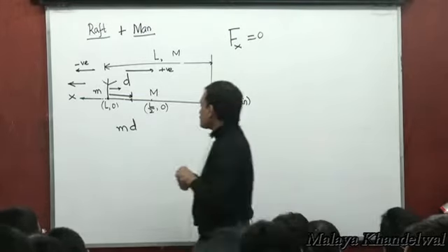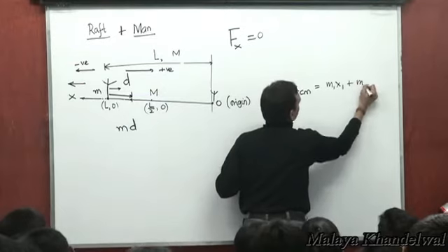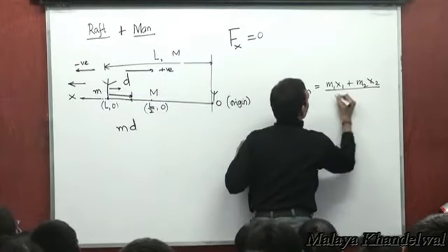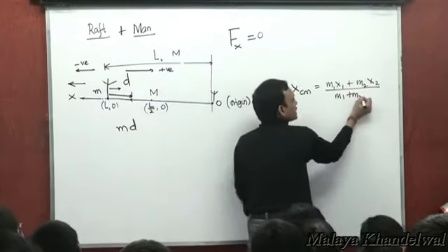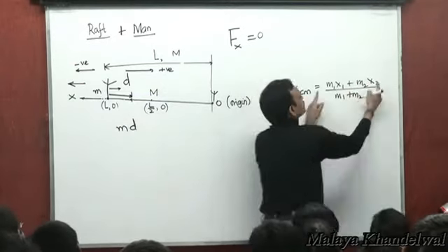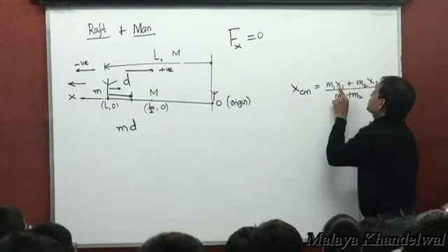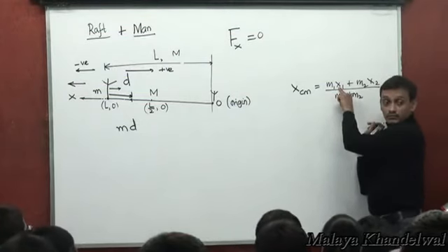What is the x coordinate of the center of mass of the system? m1 x1 plus m2 x2 by m1 plus m2. When I say damage, it means change in this number. Since the raft was in slumber, this did not change, but x1 changed by an amount d.